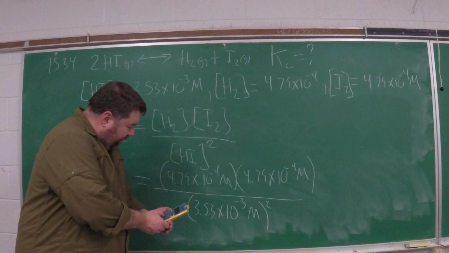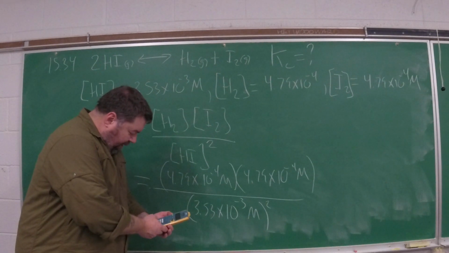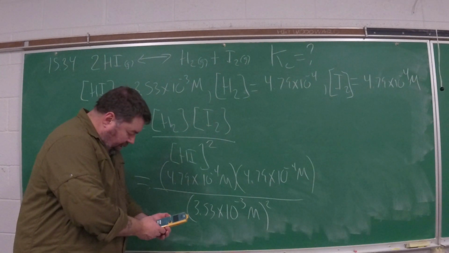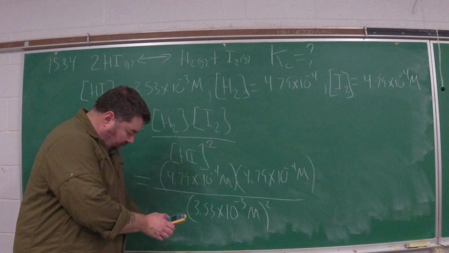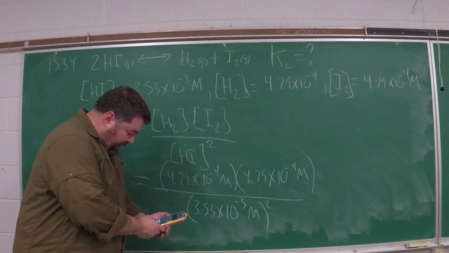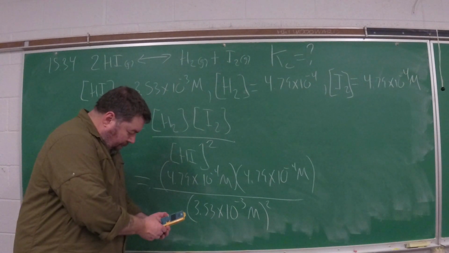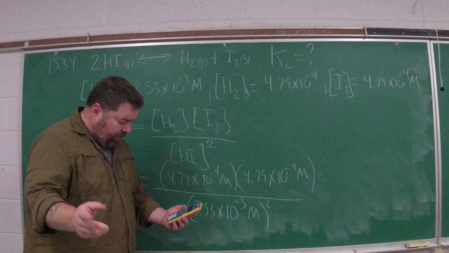I'm gonna do double parentheses. 3.53 times 10 raised to the minus 3. And hopefully I entered that all correctly.